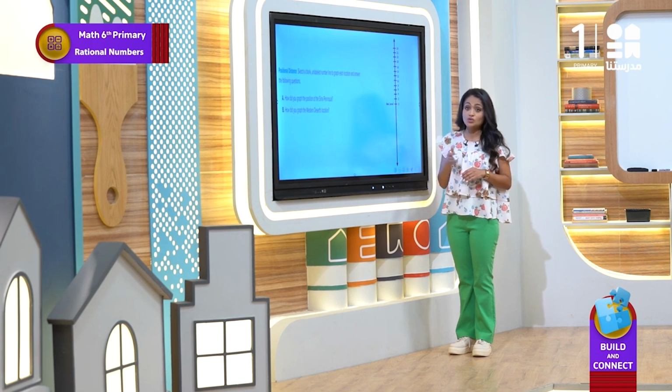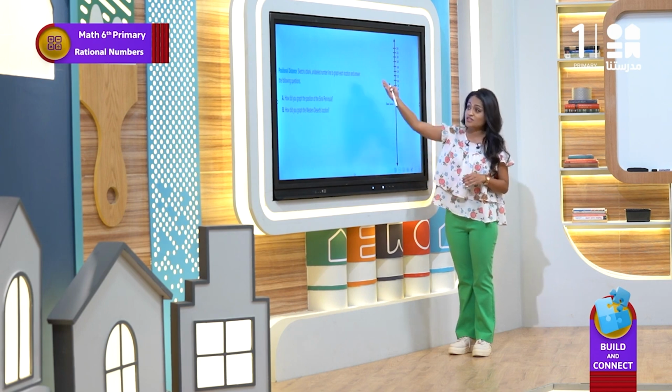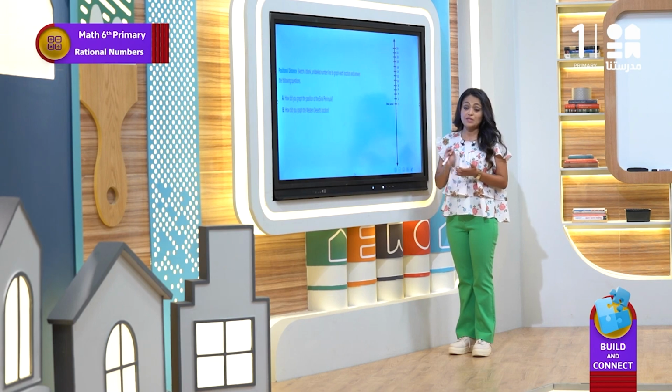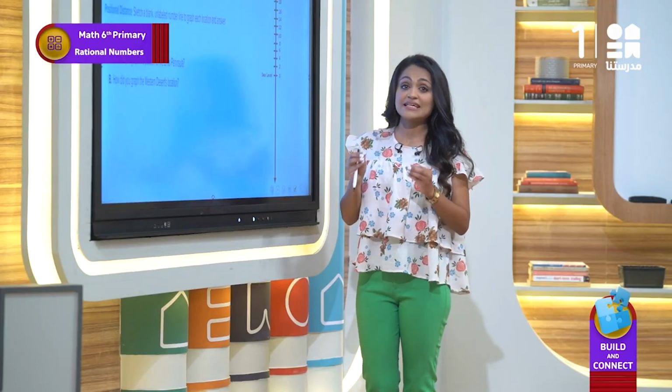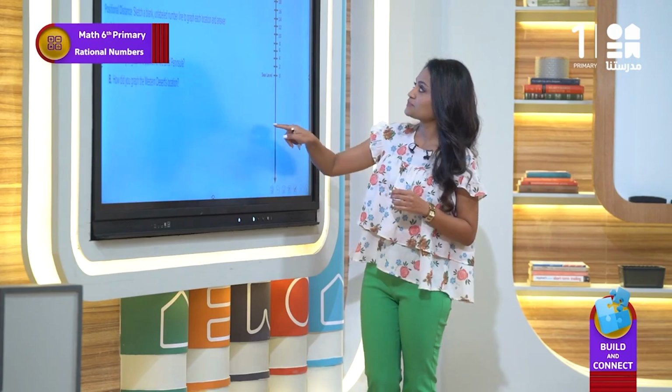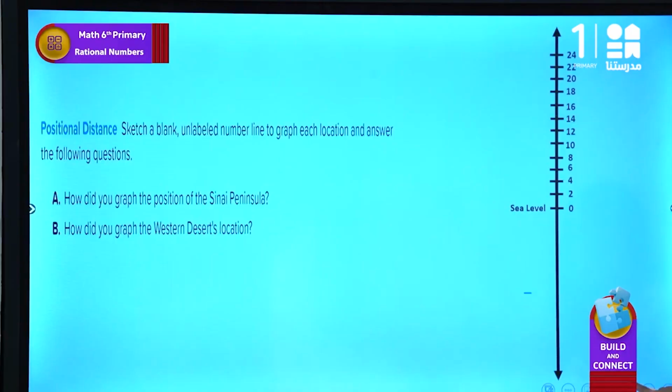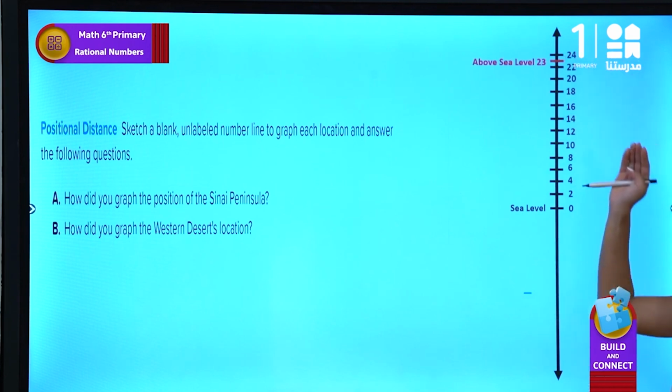Now, I think the two questions we had after reading the passage are so clear. In question A, at first, the elevation in the Sinai Peninsula was 23. It's above the sea, which is 23.